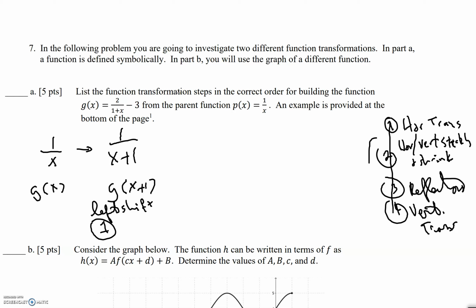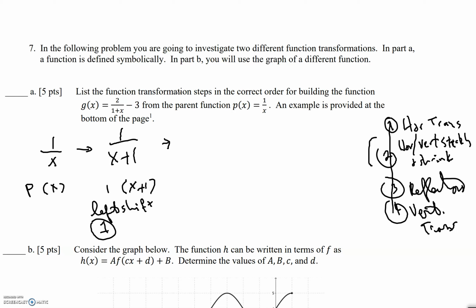Okay, and what's our next step? So do we have horizontal or vertical stretches or shrinks? Yes, we do. We have a vertical stretch. By the way, I called this G, that was actually P, because P is 1 over x, so sorry about that.